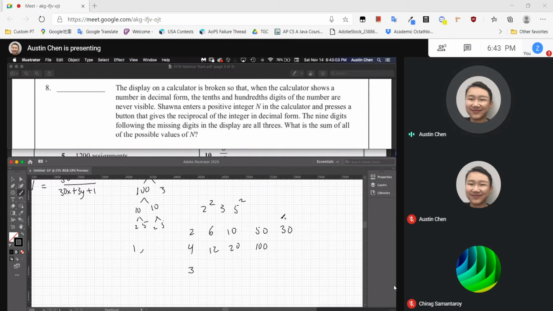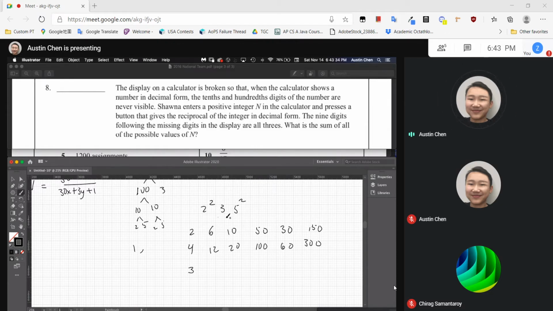And 4, 3, and 5, which is 60. And then we have 4, 3, and 5 squared, which is 300. And then did I count 2, 3, and 5 squared? No, I didn't. That's 150.